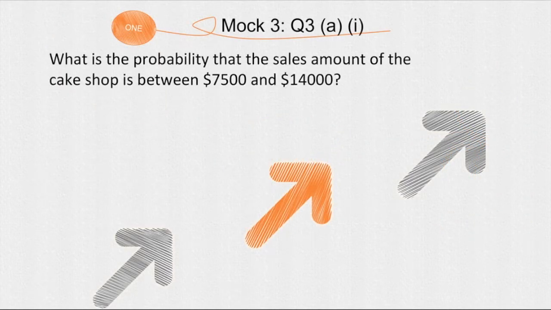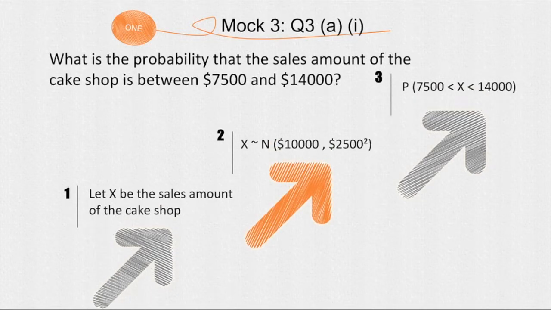So, part A1. What is the probability that the sales amount of the cake shop is between $7,500 and $14,000? First step, let X be the sales amount of the cake shop.